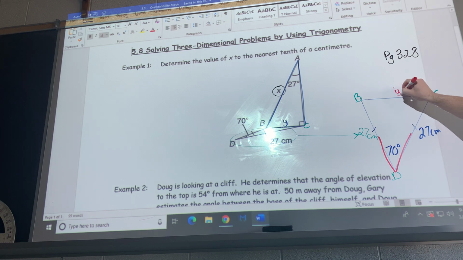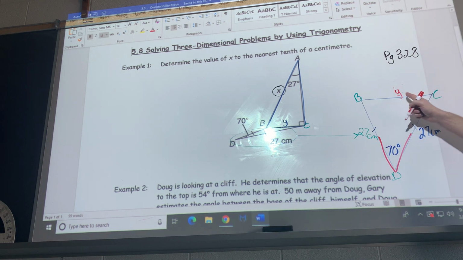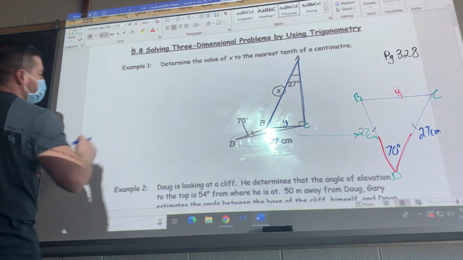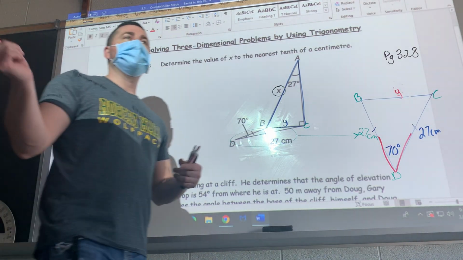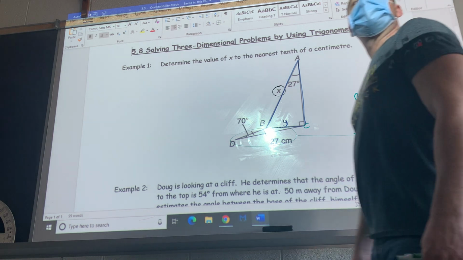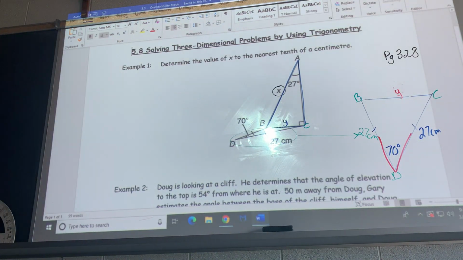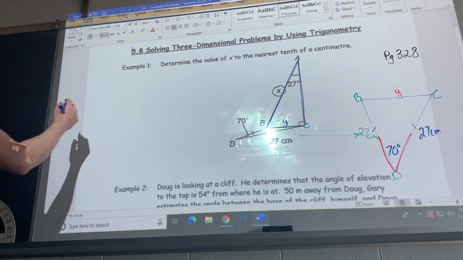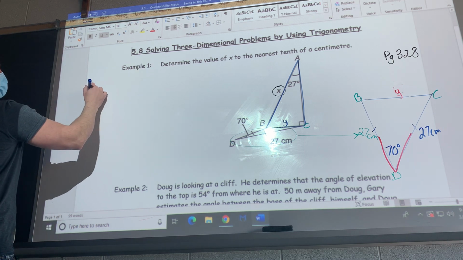I'm just going to call it Y. They share this side here. So let's use cosine law. Are we using the first formula, which is for the side, or the second formula, which is for the angle? The first formula, because we're solving for a side. So it's d squared, but I'm just going to call it y squared for now.